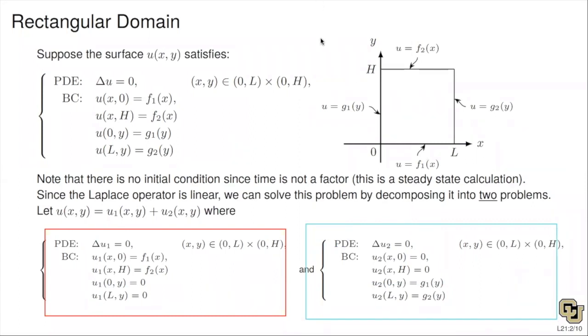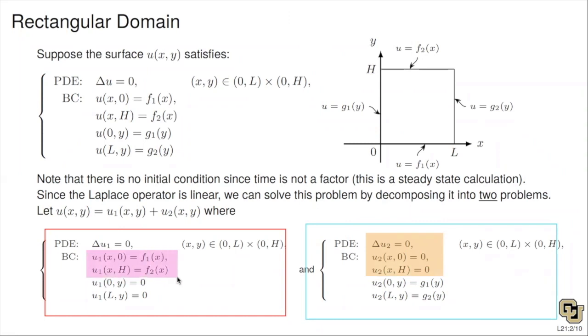And here, again, it's going to be very similar, except the role of the G equation and the F equation are going to be reversed now. Because now we have the trivial boundary conditions when y equals 0 and y equals H. In the previous case, we had non-trivial boundary conditions when y equals 0 and y equals H.